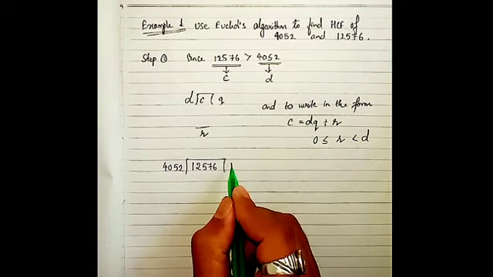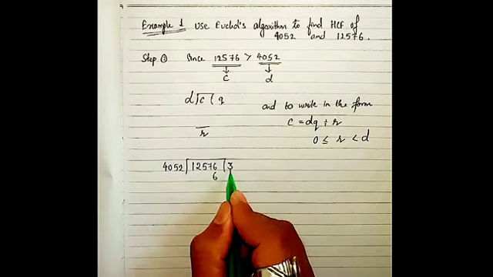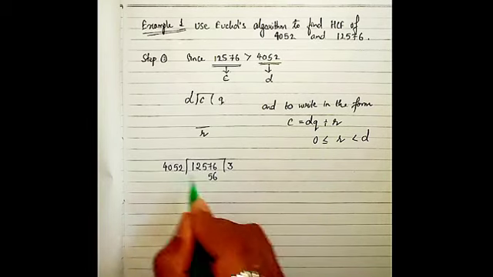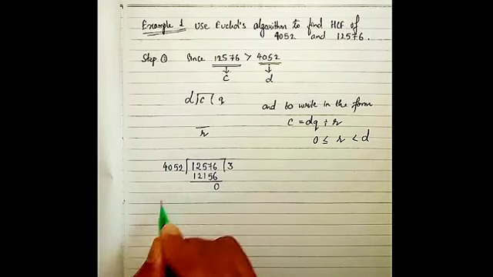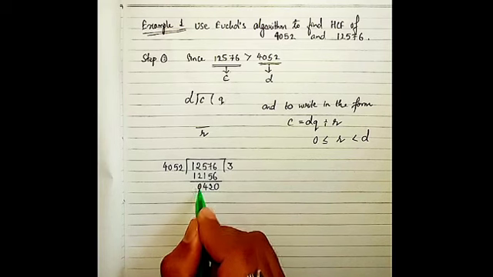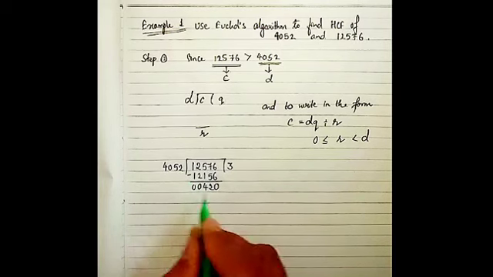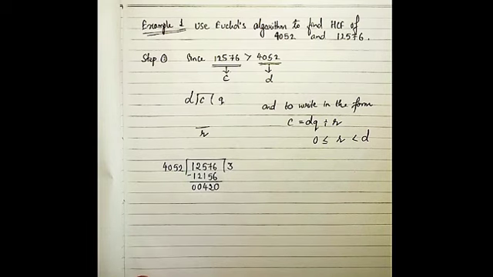So 4052: 3 2s are 6, 3 5s are 15, carry 1, 3 4s are 12, and we get 420. Now this number is smaller than this number, so I cannot proceed further with division.